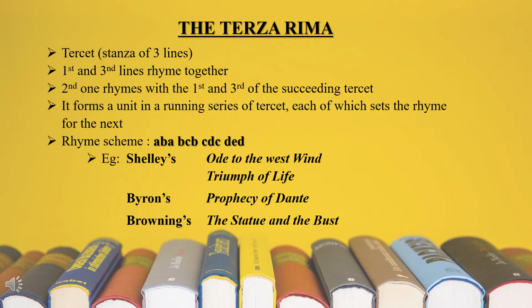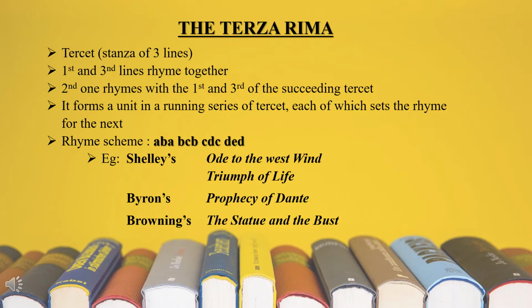First, let us see about terza rima. Terza rima you can see in a stanza of 3 lines, that means in a tercet, where the first and the third lines rhyme together and the second one rhymes with the first and the third of the succeeding tercet.